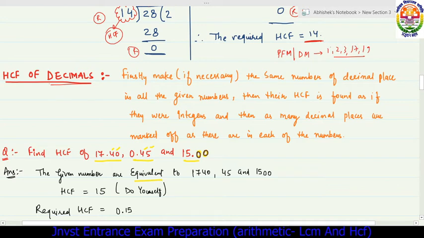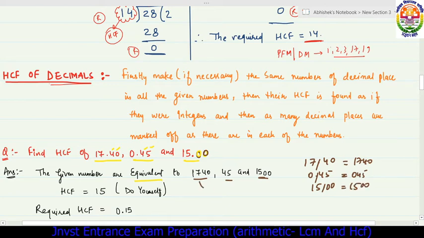Now, equivalently, if I cancel the points in 17.40, 0.45, 15.00, the numbers are 1740, 45 and 1500.